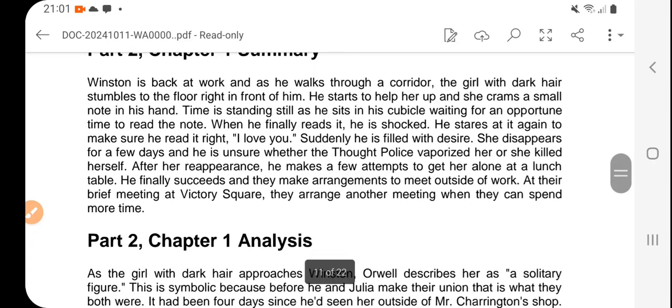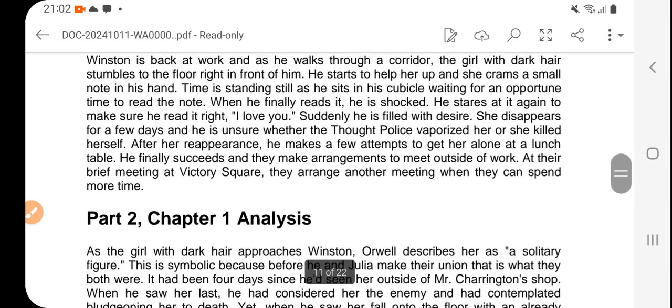Winston is back at work, and as he walks through a corridor, the girl with dark hair stumbles to the floor right in front of him. He starts to help her up, and she crams a small note in his hand. So Winston meets the dark-haired girl moving in the corridor.